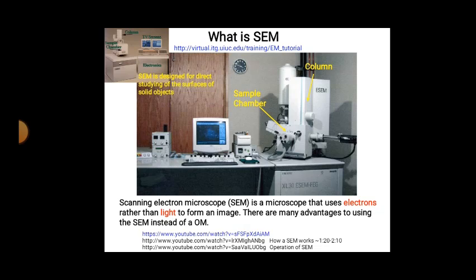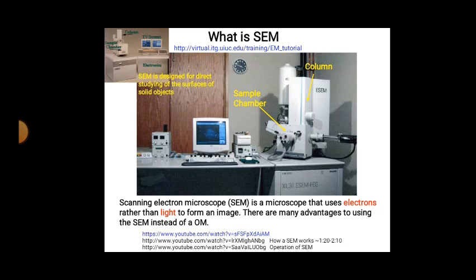Also, these signals are in the form of secondary electrons, backscattered electrons and characteristic X-rays, as shown. Now the appropriate detectors detect these signals and the image is formed and displayed on a computer screen.